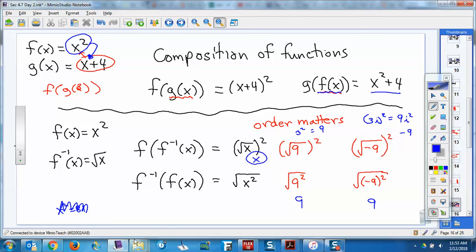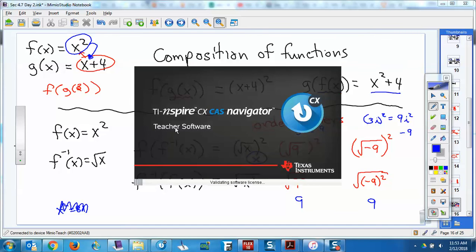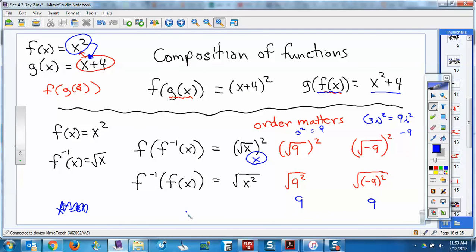I've got a fancy calculator here that we use in calculus, and it actually knows this. I don't have time to wait for it. Okay, so bottom line is the square root of x squared does not equal x.